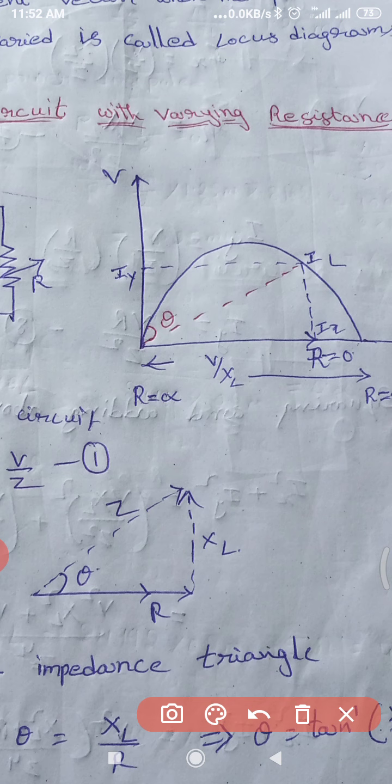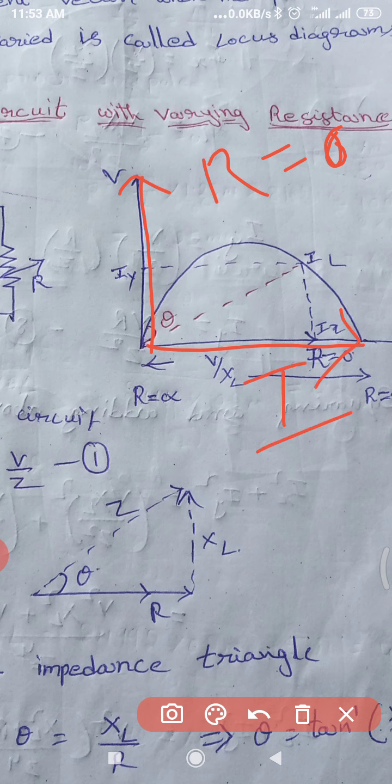When R is equal to 0, we consider only an inductive circuit. According to the previous discussion, when a pure inductive circuit is present, the current lags by 90 degrees. This is the current and this is the voltage V. This is the situation when R is 0.